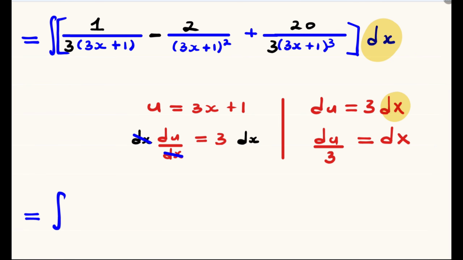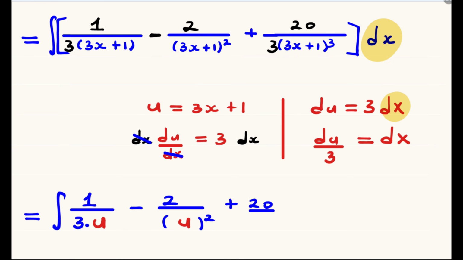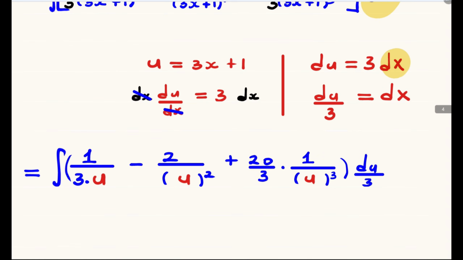We have the integral of 1 divided by 3 multiplied by u in the place of the 3x plus 1, minus 2 divided by u squared plus 20 divided by 3 multiplied by 1 divided by u raised to the power 3, and in the place of the dx, we substitute du divided by 3.